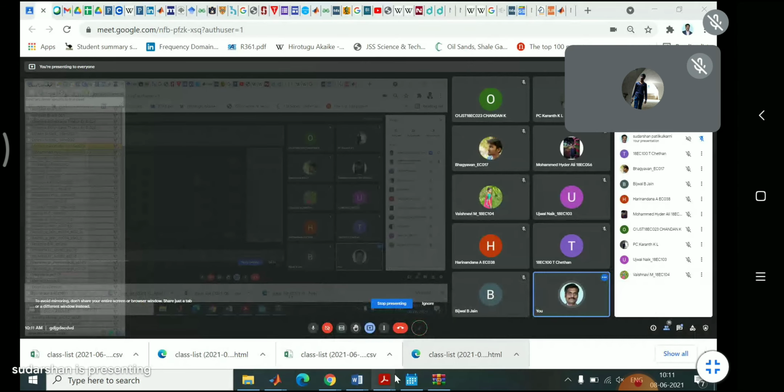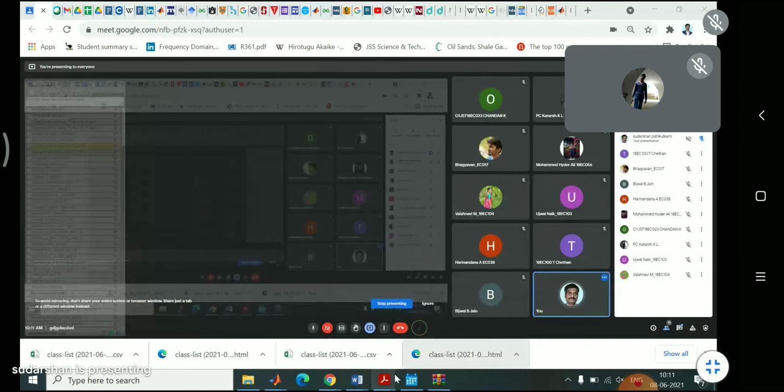So the coordinates will be L1 by 2 cos theta 1 and L1 by 2 sin theta 1, and the center of the second link will be what? It will be L1 plus R2.